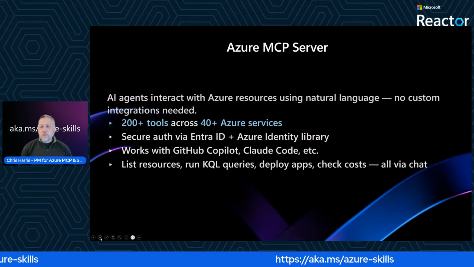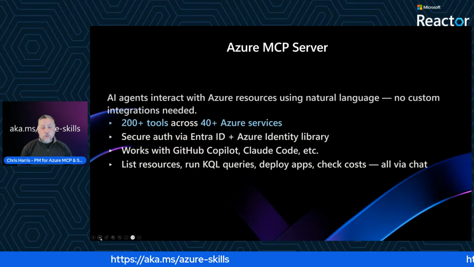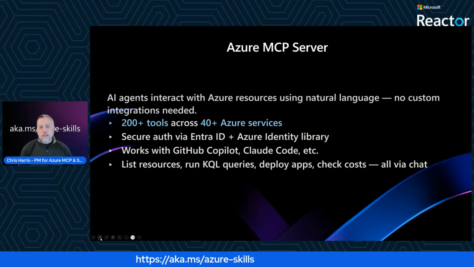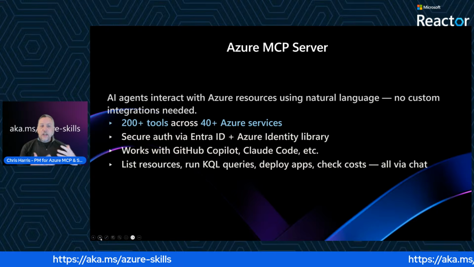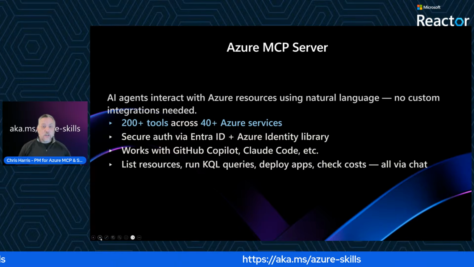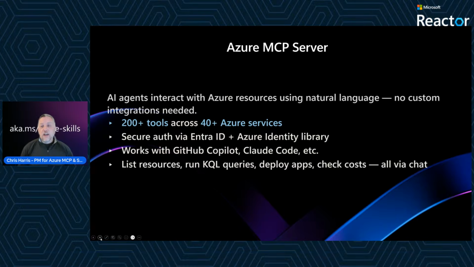Okay. So the Azure MCP server, let's go a little bit deeper. We have over 200 tools in the Azure MCP server. So when you think about the breadth of Azure, there's hundreds and hundreds of services that Azure has. And then we might have multiple tools per service. So we're not covering every single thing that Azure has today. And these numbers, actually, I should probably bump these up.